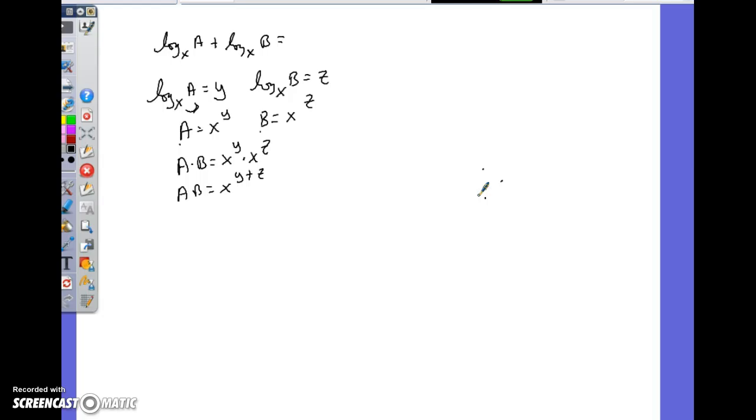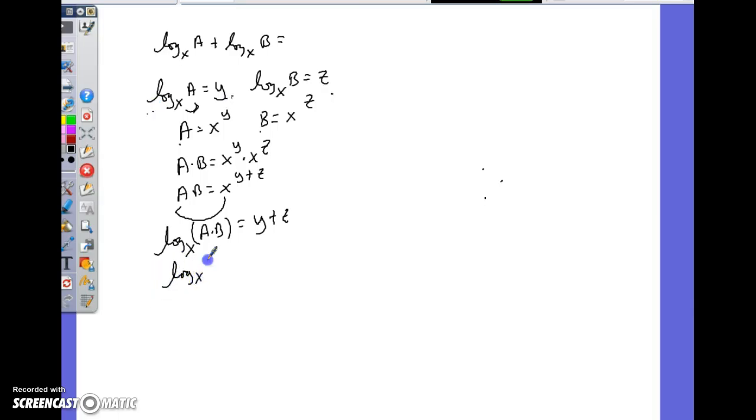Gets even better. Let me log it. Swing this back over. I get log base x of A times B is equal to y plus z. And remember, y plus z is this right over here. So I'm going to replace those back in.